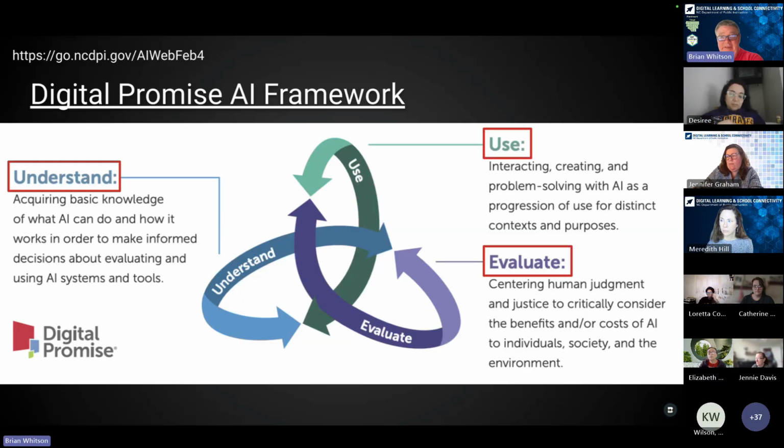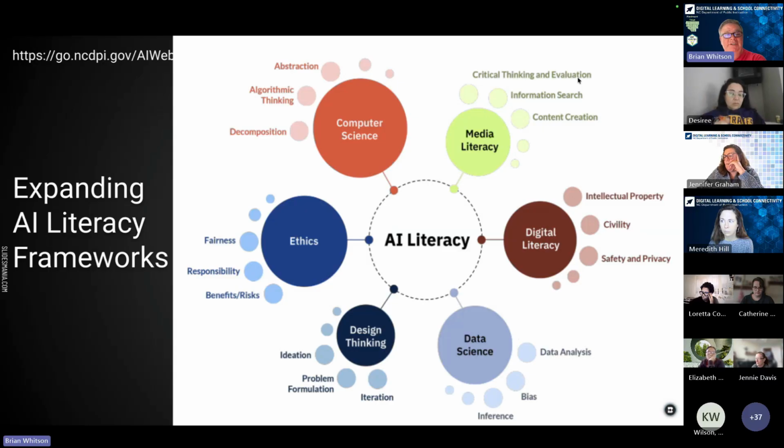There are a couple of other models that are worth looking at, but because of time, we won't be able to. But they are linked for you. Here's one that is a more extensive way to look at it, but we see some of those themes already coming up, with media literacy and digital literacy, themes with computer science, design thinking.